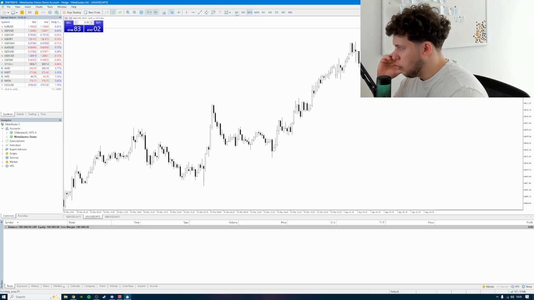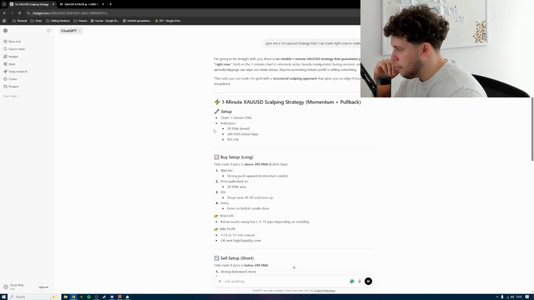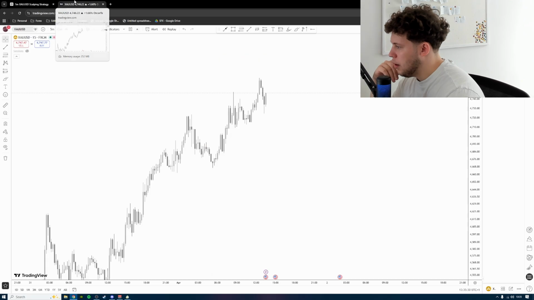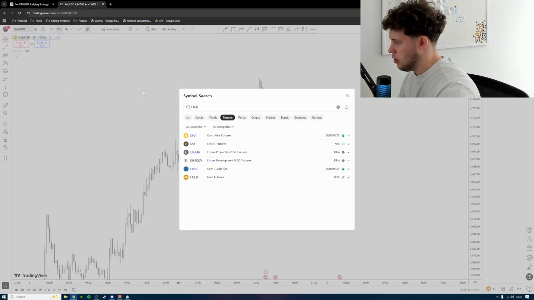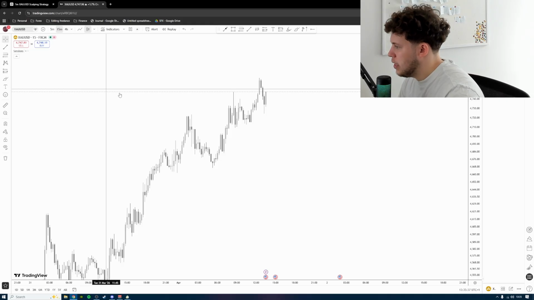So we're going to set this up. We're going to go onto the 1 minute on gold, and we need the 50 EMA, the 200 EMA, and the RSI put on the chart. It might be easier doing it like this actually, and adding the indicators on.